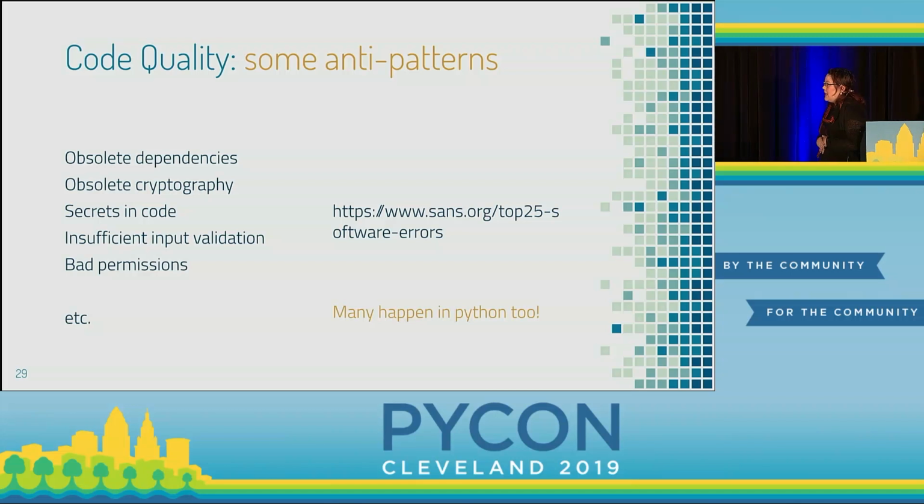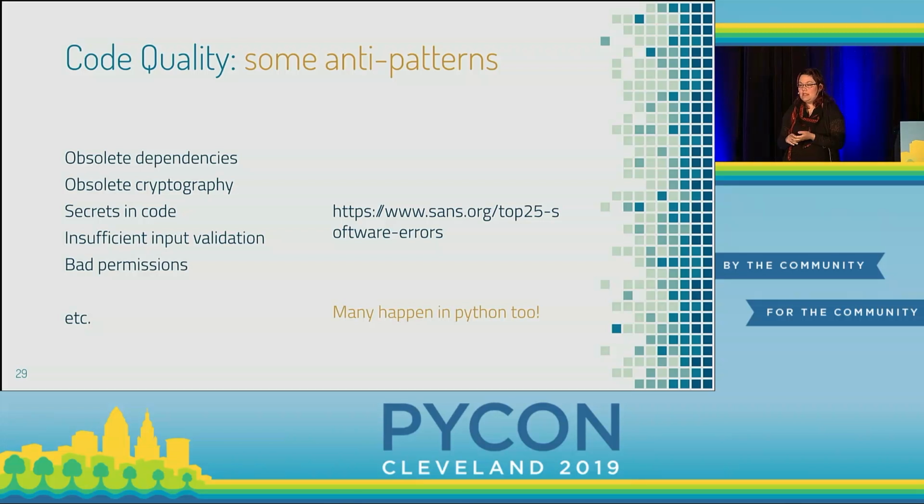It's worth noting, and I hope none of you were in here hoping I was going to tell you about very specific Python security issues. There are a few, but to be completely honest, most of the issues I see in Python are issues I see in other languages. As I said, obsolete dependencies, that's a huge problem. Obsolete cryptography, if you run Bandit and it tells you you're still using PyCrypto, please don't do that.